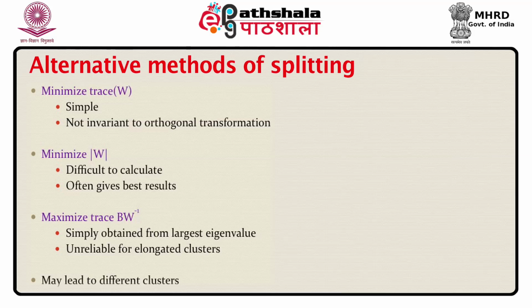A third is to maximize the trace of BW inverse. Mind you, in this case, unlike the previous two where we are minimizing, we maximize because we are looking at W inverse. So W minimization means W inverse maximization and also B maximization. So it takes into account both B and W inverse and maximizes the trace of BW inverse.